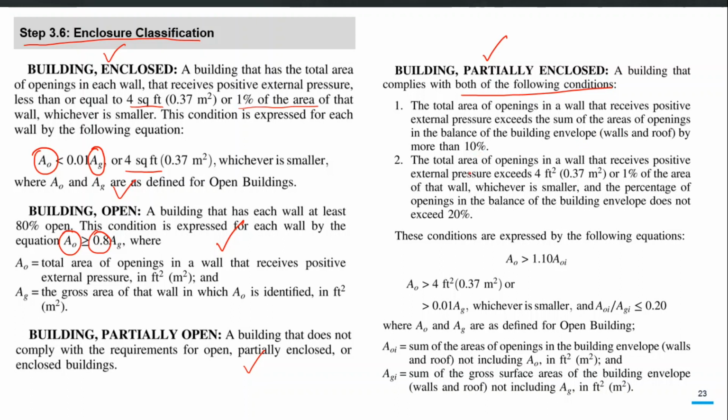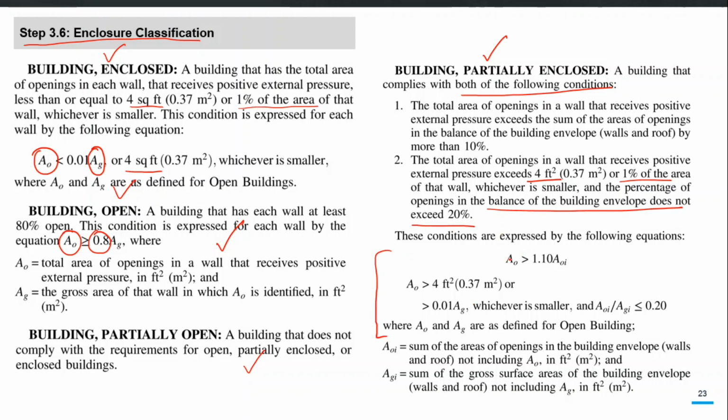The second is that the total area of opening exceeds 4 square feet or 1% of the area of that wall, whichever is smaller, and the percentage of opening in the balance of the building envelope does not exceed 20%. This is explained in these 2 or 3 lines.